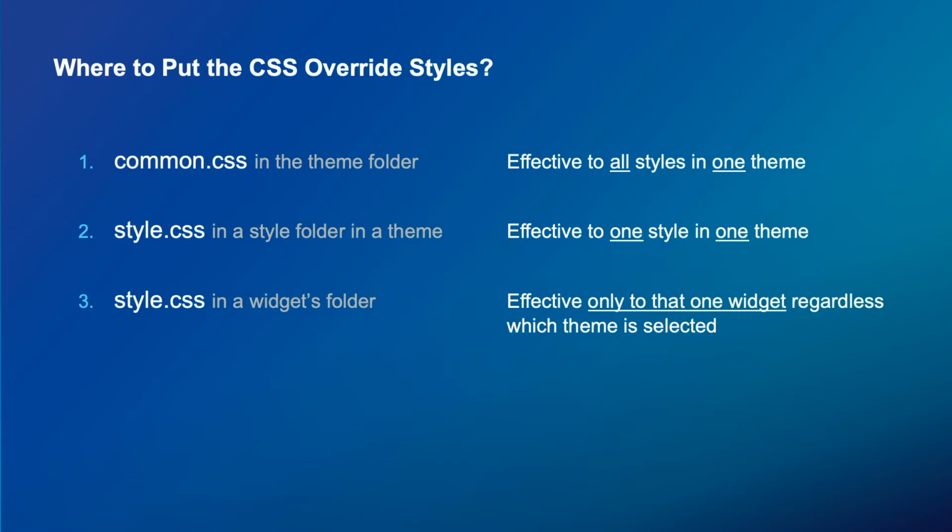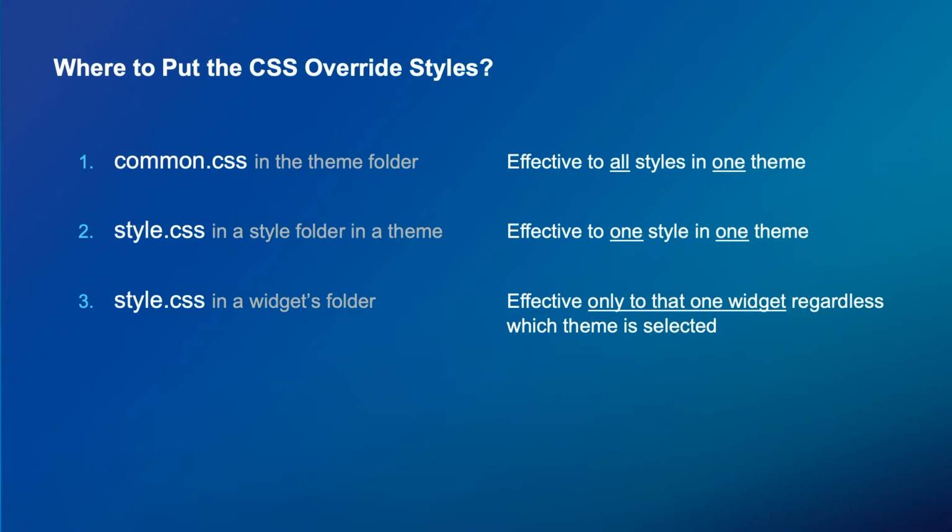And since we now know how to add CSS styles for mobile, which is simply adding that one extra class name, let's see where you should put those styles. In general, there are 3 places to put them. The first 2 options are the CSS files within a theme.